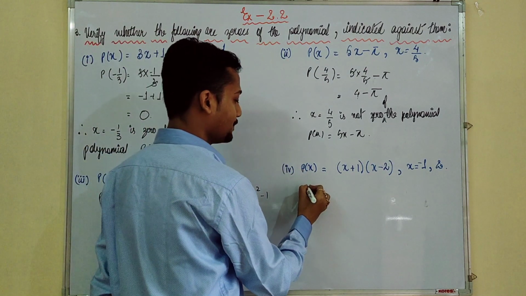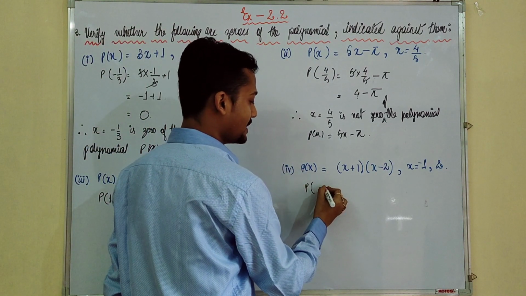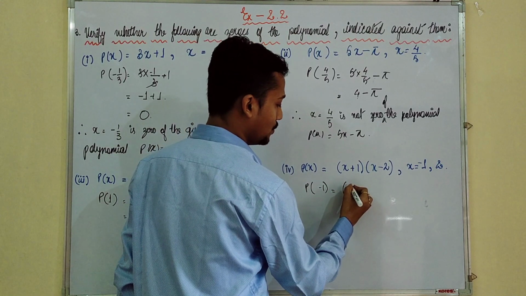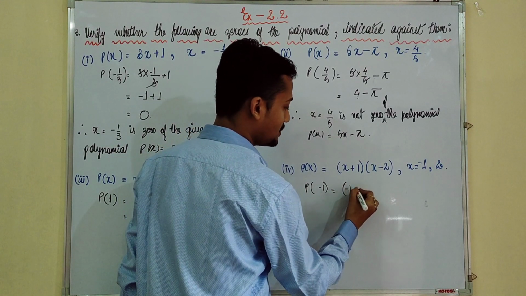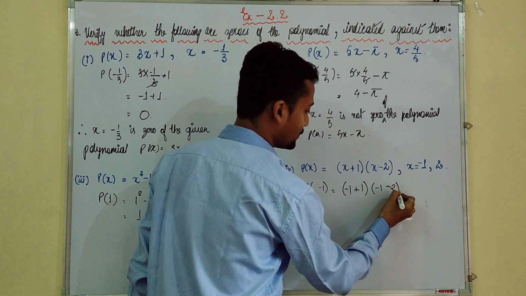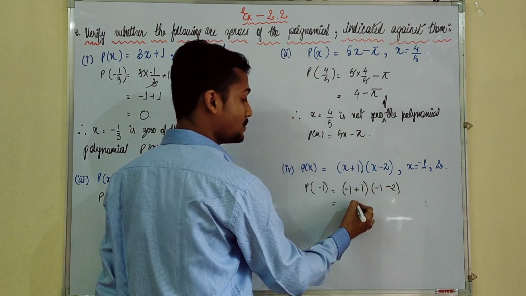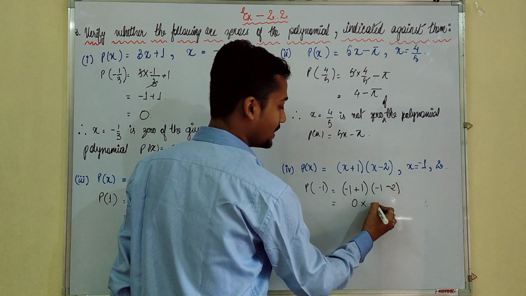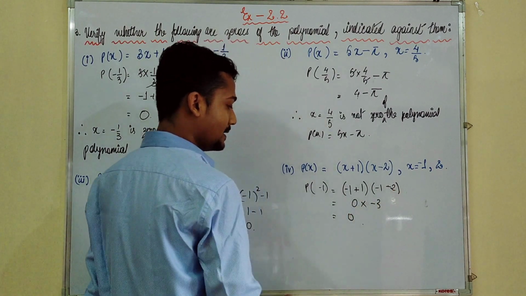Okay, this one: P, in place of x I will write minus 1. So 1 plus minus 1 plus 1 into minus 1 minus 2 is equal to 1 minus 1 plus 1, which is equal to 0 into whatever I will get, is equal to 0, isn't it?